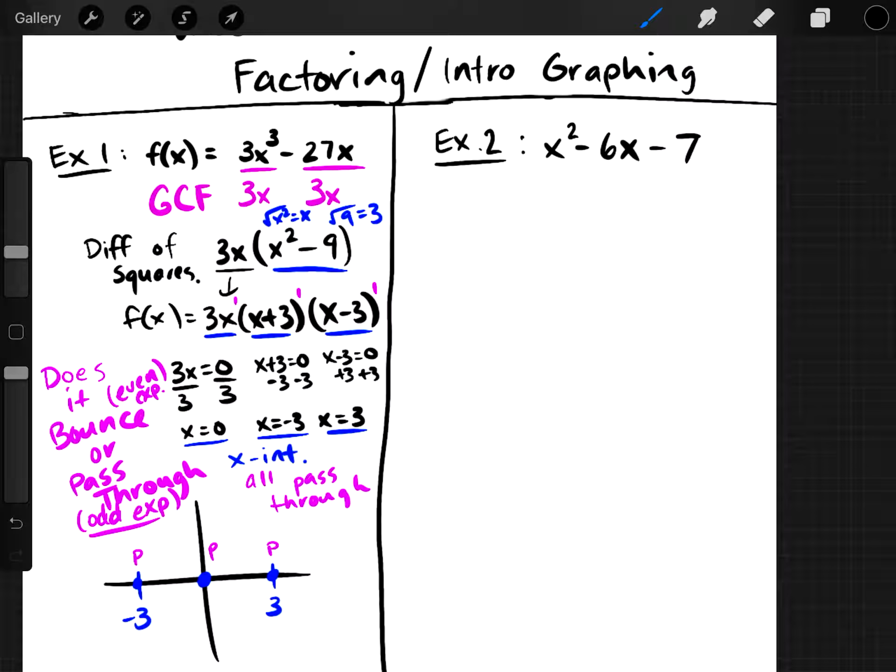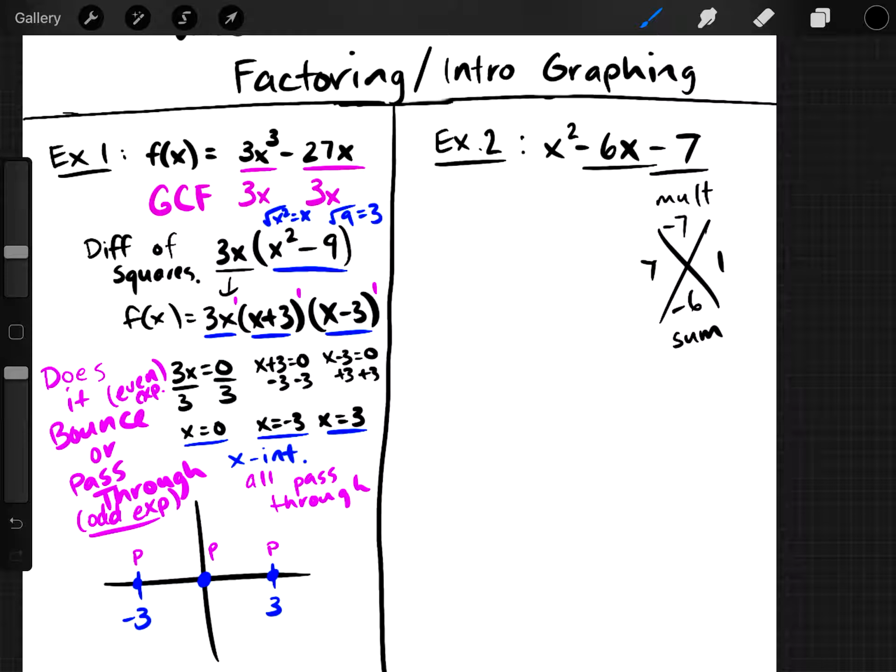Same concept, right? We start by looking at x squared minus 6x minus 7. First, can we factor that? Yes, we can. That's our diamond method. Two numbers that multiply to -7 and add to -6.